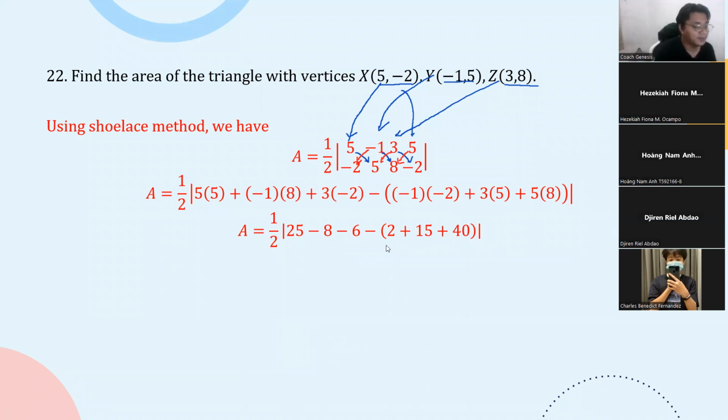So 11 minus 57 is -46. But since we have absolute value, the area is equal to 1/2 times the absolute value of -46, which is just equal to 23. So the area for number 22 is 23.